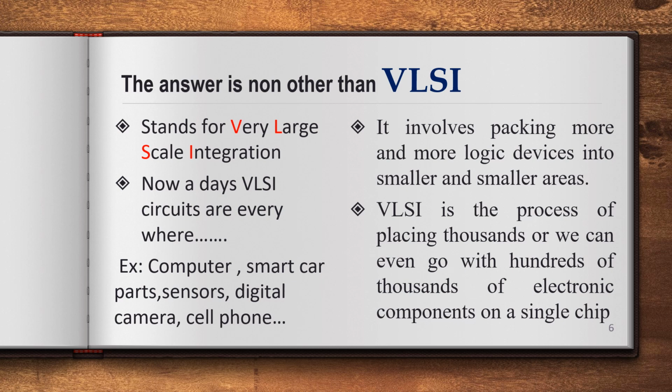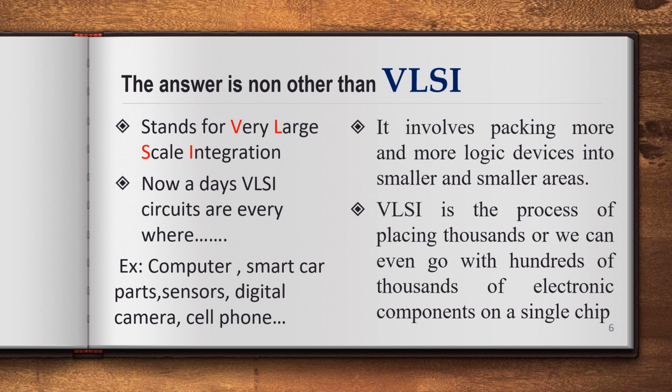VLSI stands for Very Large Scale Integration. It involves packing more and more logic devices into smaller and smaller areas. VLSI is the process of placing thousands, or we can even go with hundreds of thousands, of electronic components on a single chip. Nowadays, VLSI circuits are everywhere.